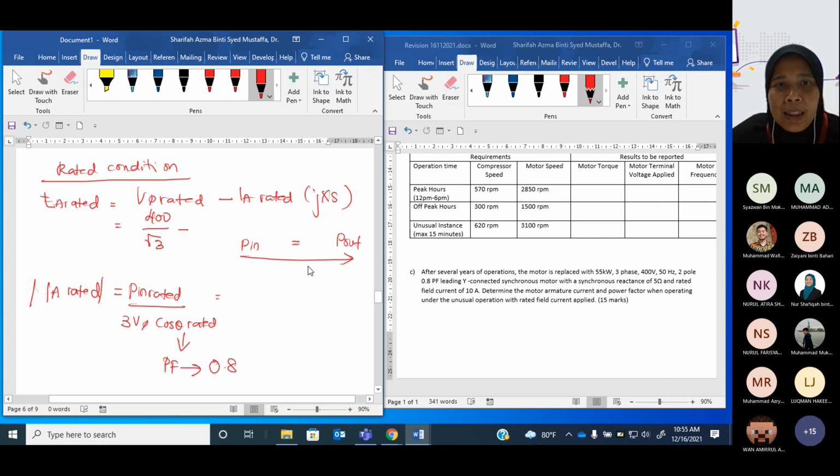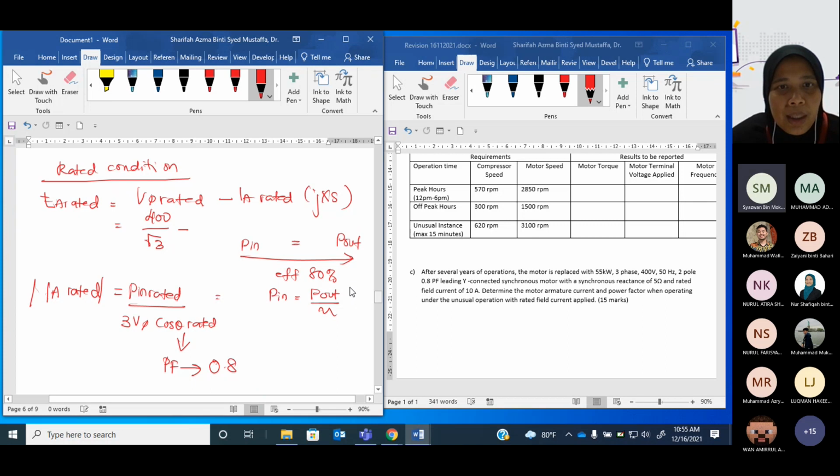Unless katalah the efficiency of the motor is given, like katalah given the efficiency is 80%. So how to calculate your P in? P out over the efficiency, kan?